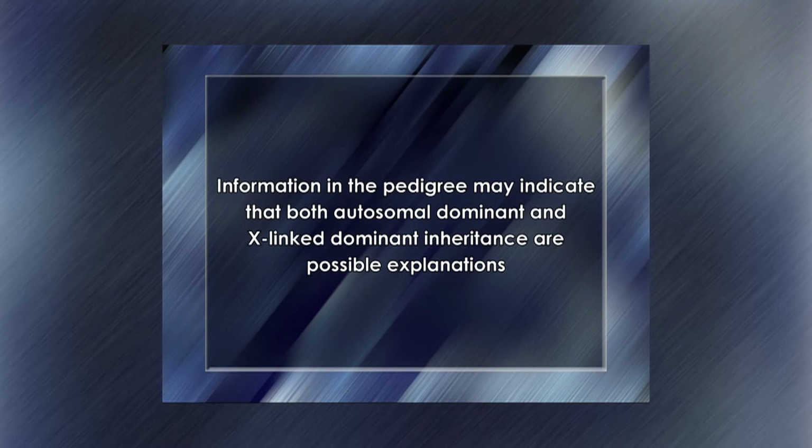However, because of the relatively small size of human families, the pedigree may not provide enough information to rule out all but one possible pattern of inheritance. For example, the information in the pedigree may indicate that both autosomal dominant and X-linked dominant inheritance are possible explanations. If this is the case, the next step is to determine whether one pattern of transmission is more likely than the other.